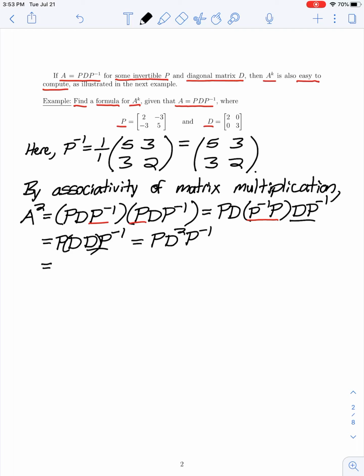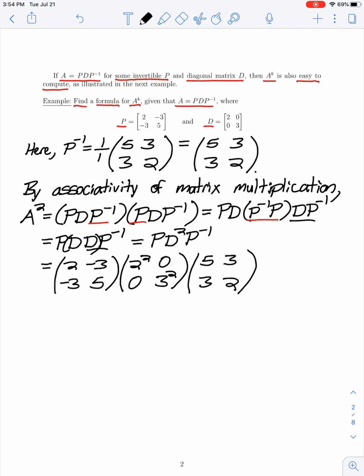Explicitly, I could write this out as 2, -3, -3, 5, times D squared, which would be the matrix which has the square of the diagonals since D was a diagonal matrix, times P inverse, 5, 3, 3, 2.